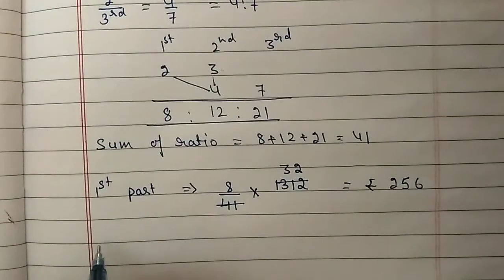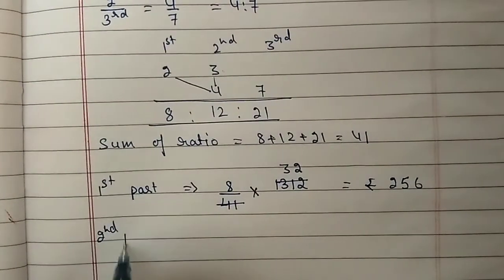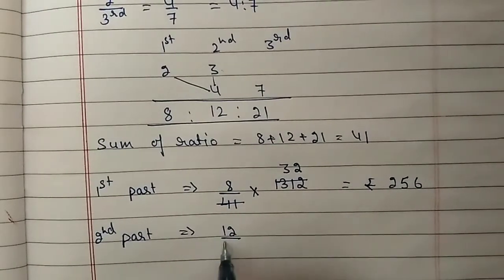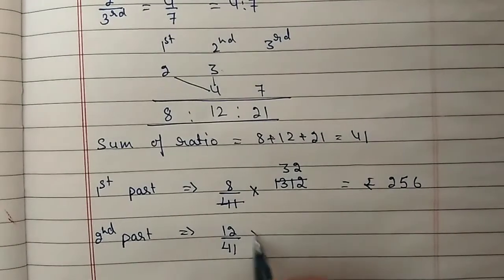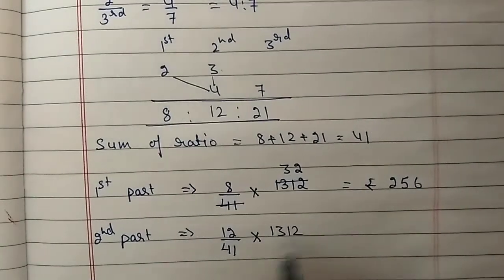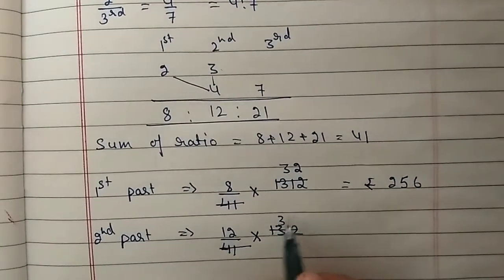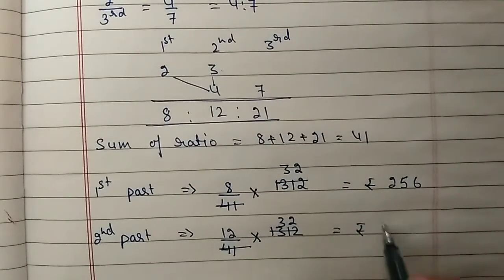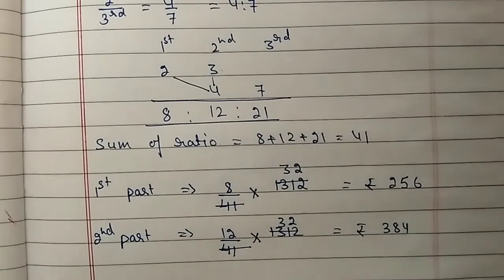Second part, second ratio is 12 divided by total sum of ratios into total money. Cancel with 41, 32 times 12 into 32, 384 rupees.